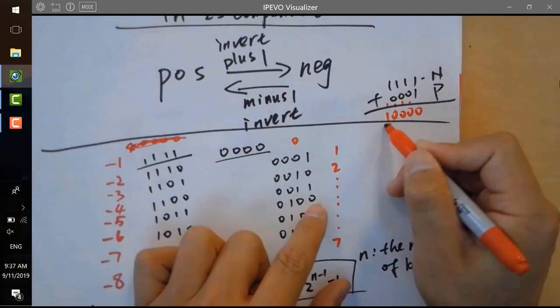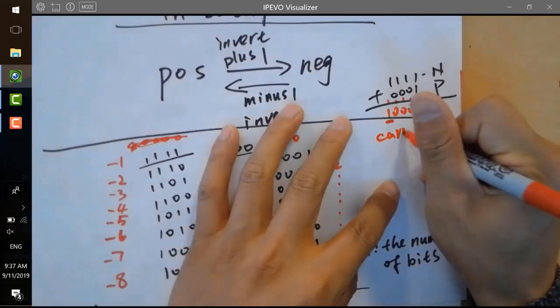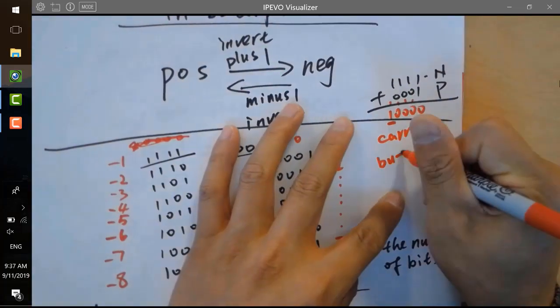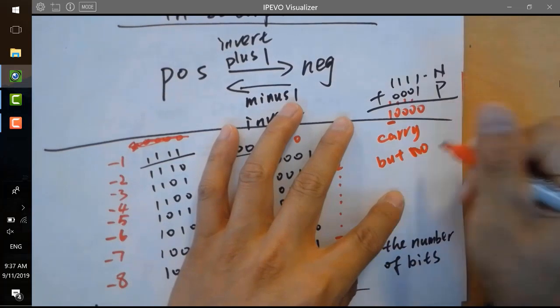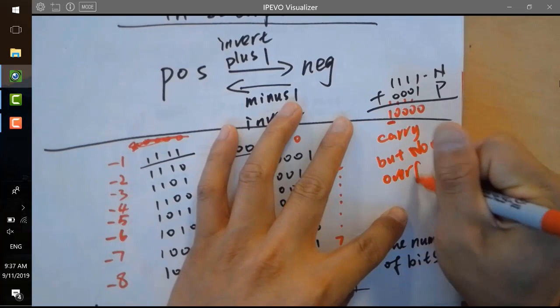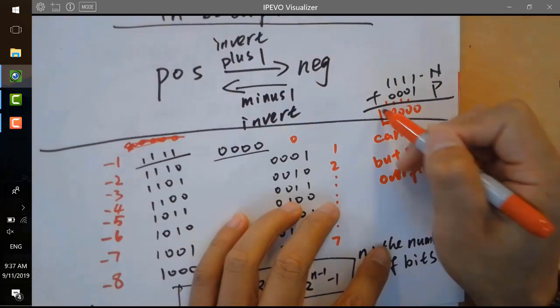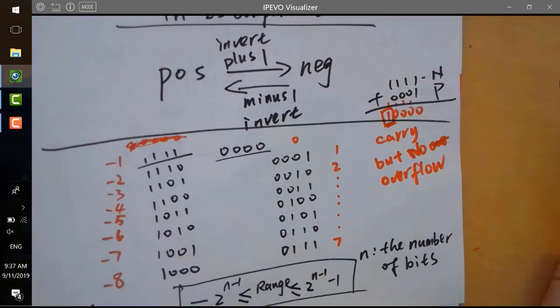You get a carry. Do you have overflow? So carry, but no overflow. So do not use this number in the result.